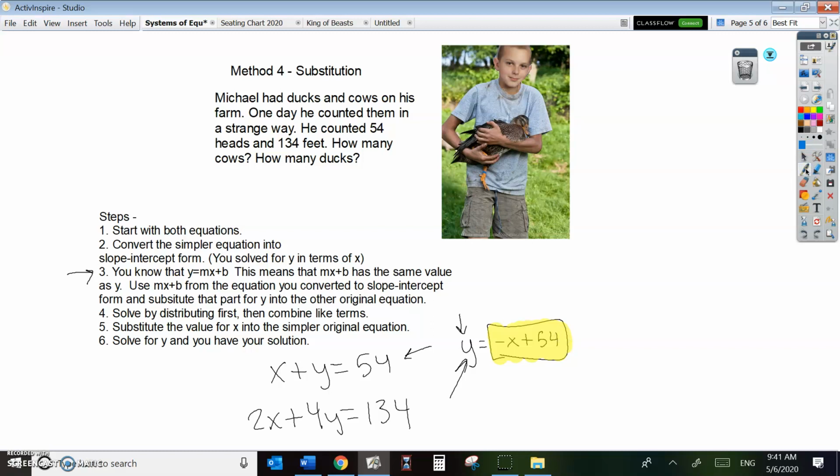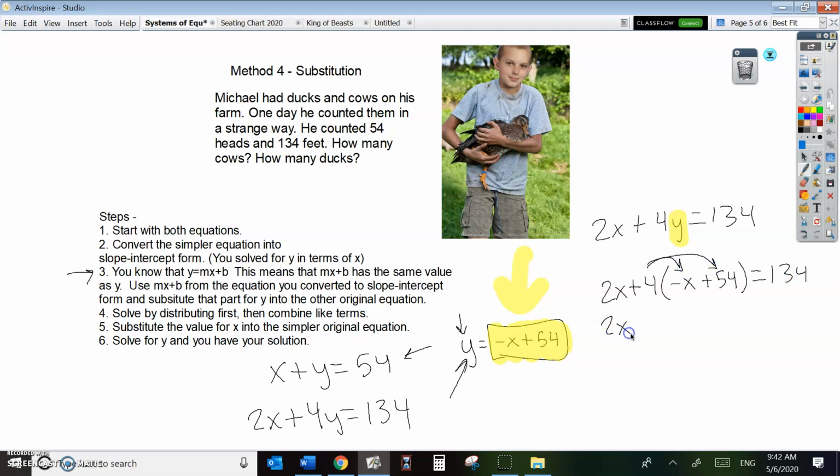The other equation was 2x plus 4y equals 134. But again, this y we're going to substitute for this here. So we have 2x plus 4 times negative x plus 54 equals 134. Distribute your 4.